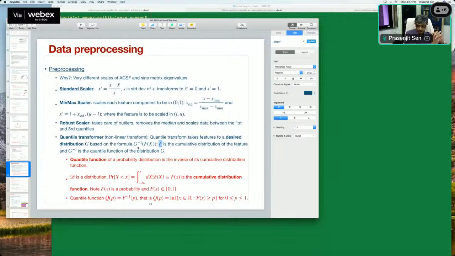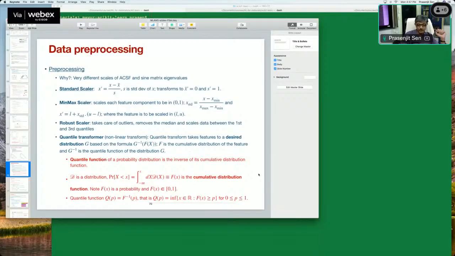I calculate F of x, then apply G inverse to that, and that will be distributed according to G. So that is the idea. If my target distribution is Gaussian, then G would be my Gaussian function, and I would be using G inverse, which corresponds to the Gaussian distribution.